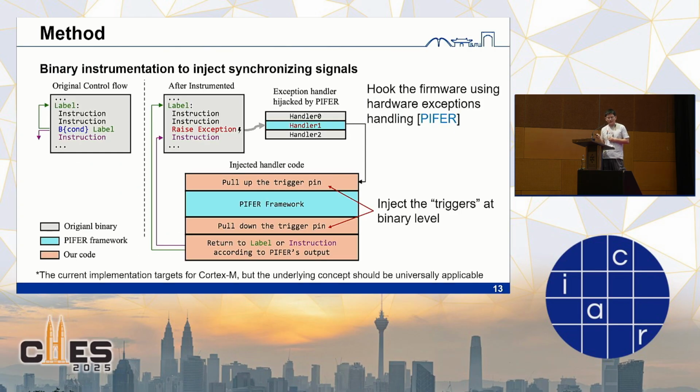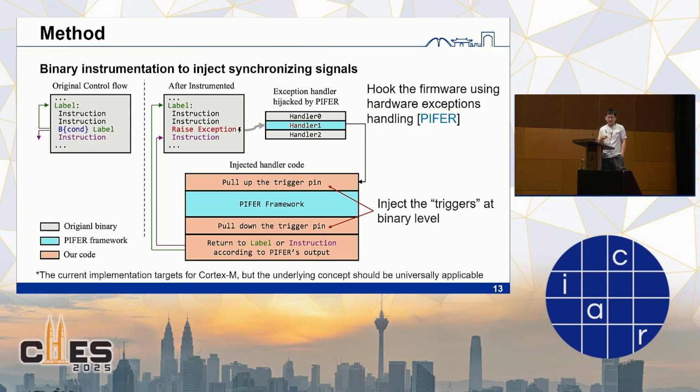And the next step is how we perform the binary instrumentation. In x86, we call it hooking or something else. But in bare-metal embedded firmware, it's not that easy to perform those hooks. So we start by replacing the target branch instruction with an illegal instruction, like an undefined one, that will cause an exception.